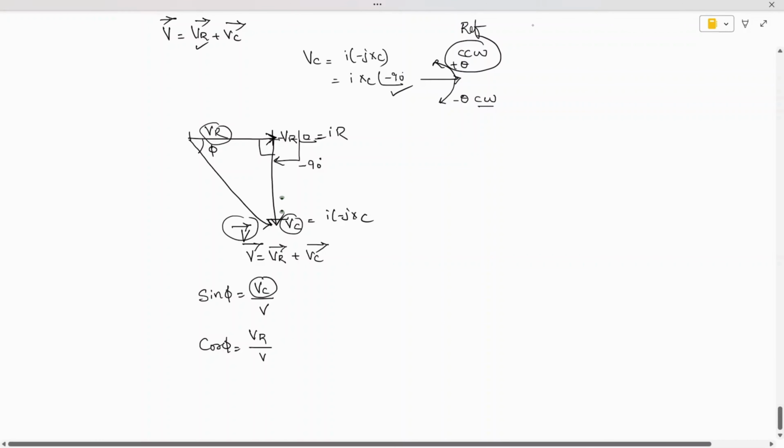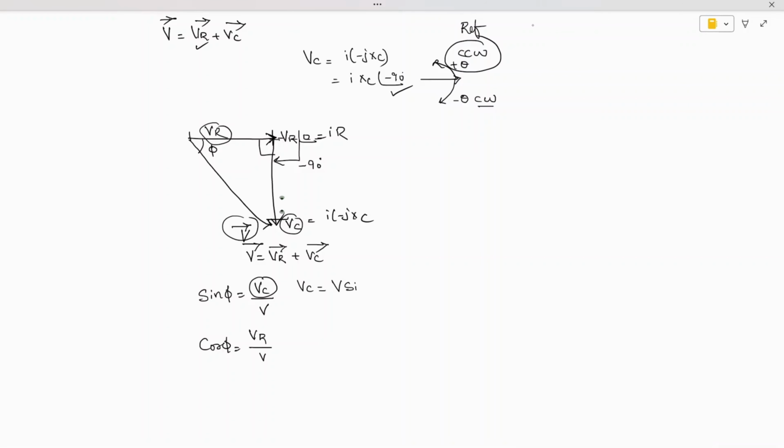So from here the voltage across the capacitor we can write down VC is equal to V sine phi. The voltage across the resistor is equal to V cos phi. So this I can write down as V cos phi, and this I can write down as V sin phi.